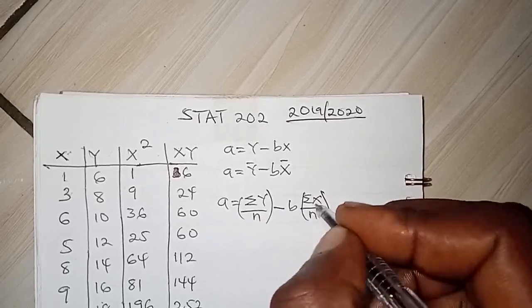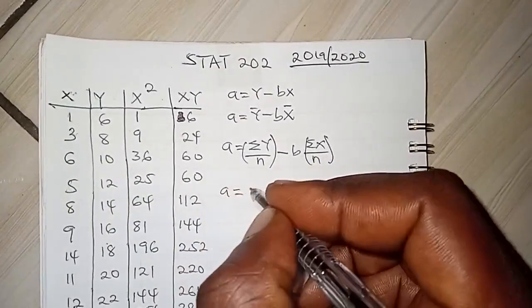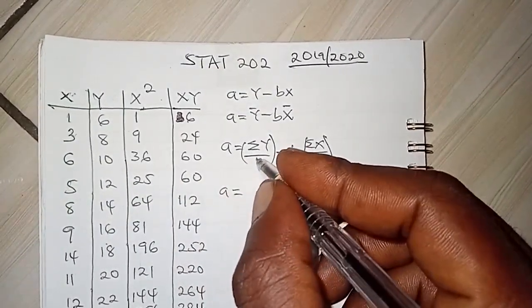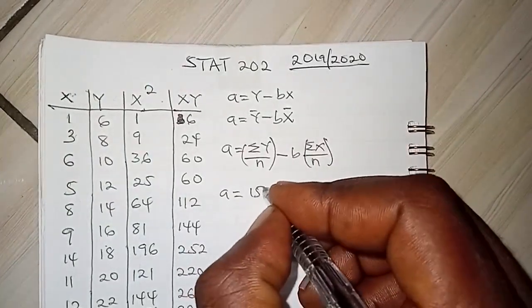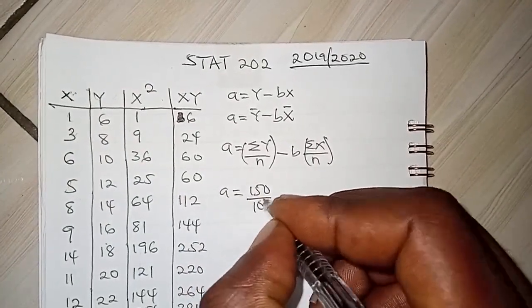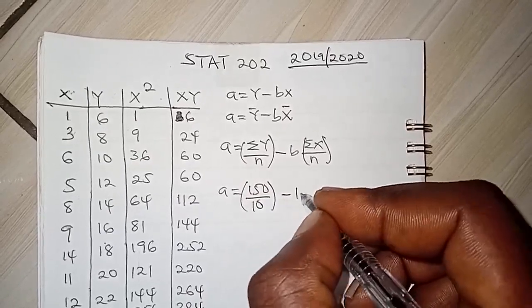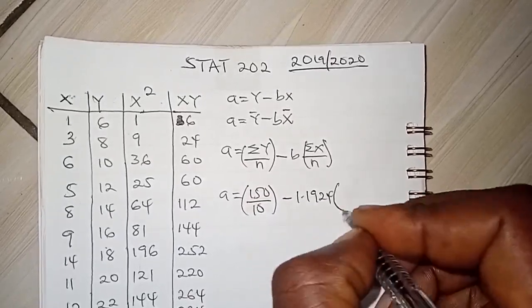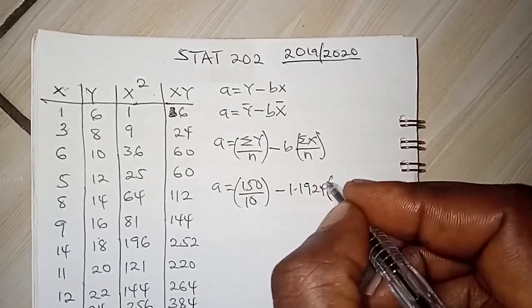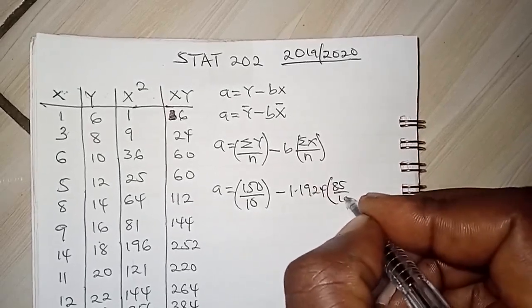So a is equal to summation of y, which is 150 over 10, minus our b, 1.1924, times summation x, which is 85, over 10.